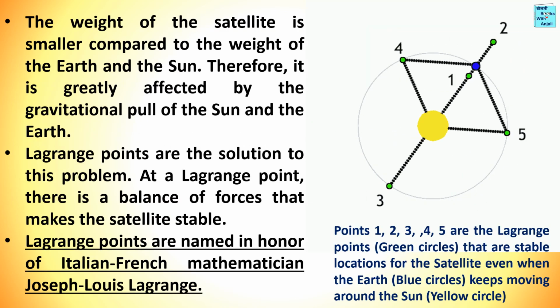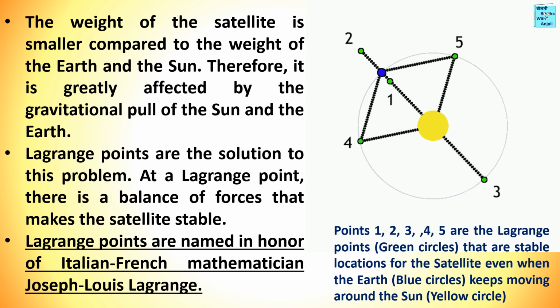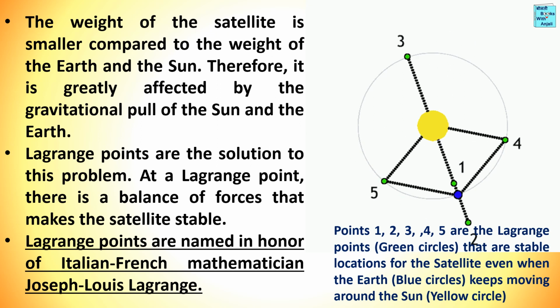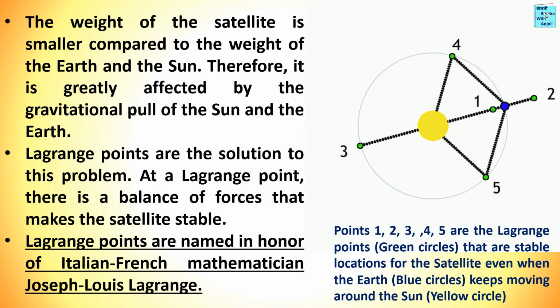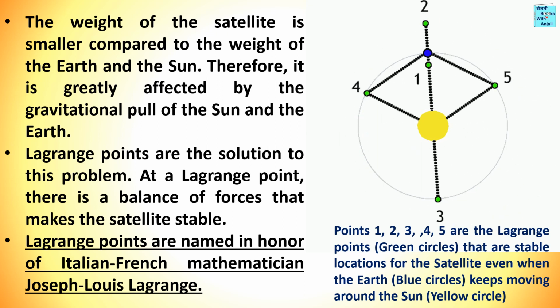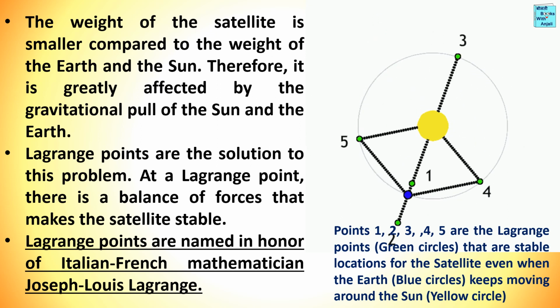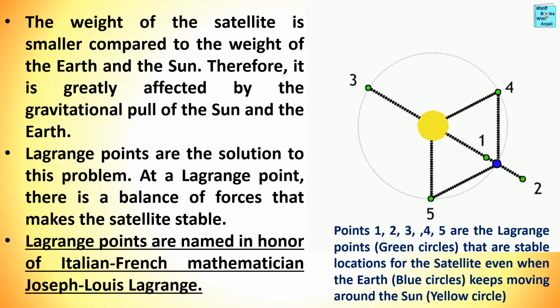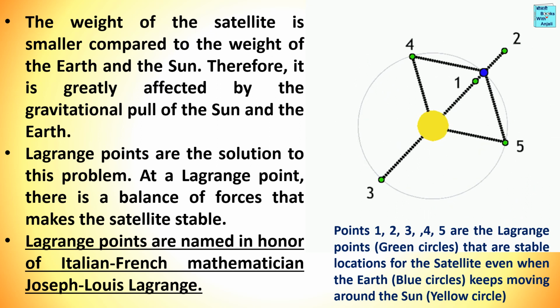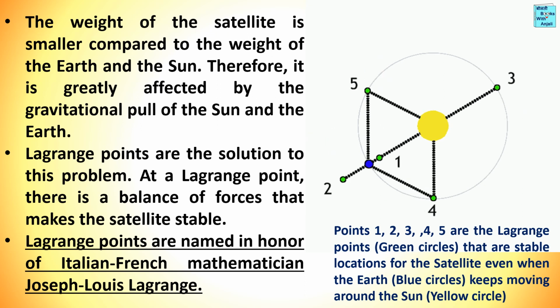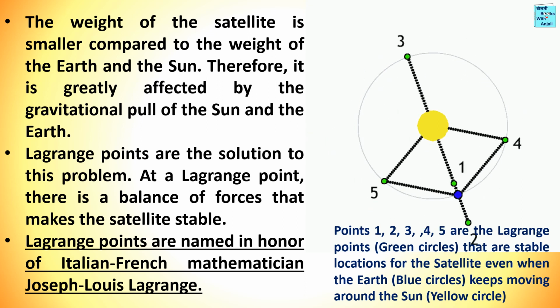The weight of the satellite is smaller compared to the weight of the Earth and the Sun. Therefore, it is greatly affected by the gravitational pull of the Sun and the Earth. Lagrange points are the solution to this problem. At a Lagrange point, there is a balance of forces that makes the satellite stable.